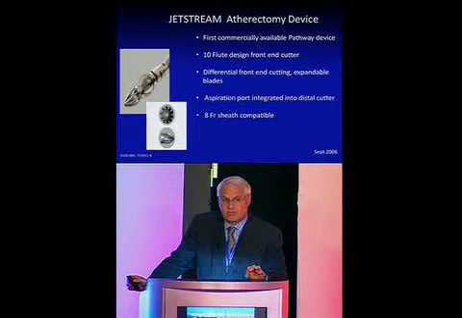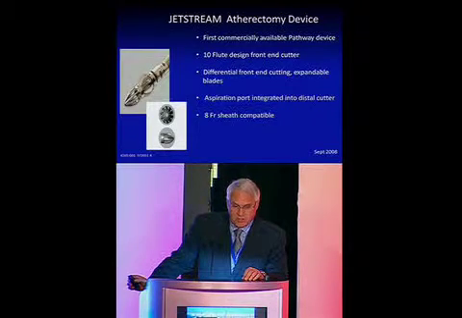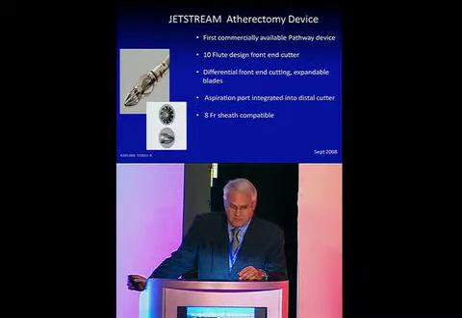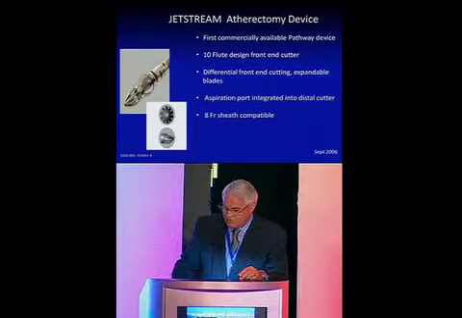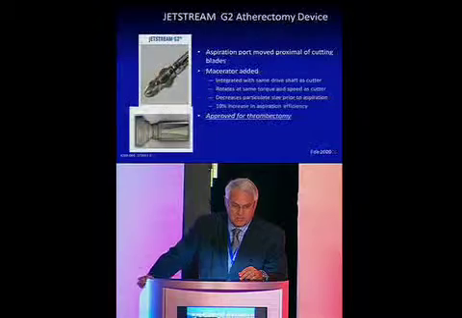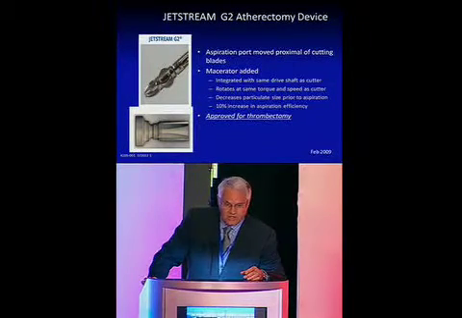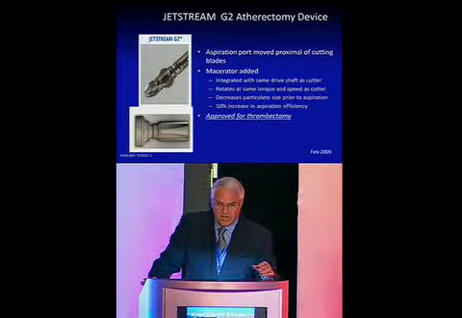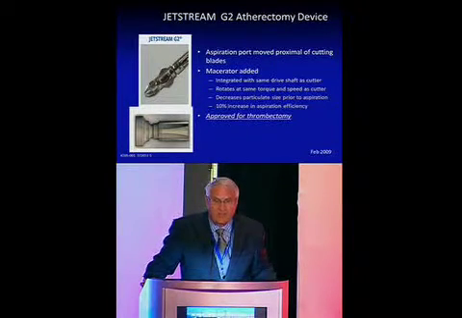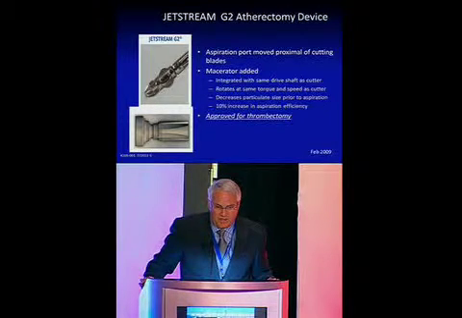From its introduction, the device had as a key component an aspiration port which was integrated into the shaft of the catheter. Originally, this was 8 French sheath compatible. It's now 7 French sheath compatible. The aspiration port was moved with the G2 device proximal to the cutting blades, and in the second iteration, a macerator was added.